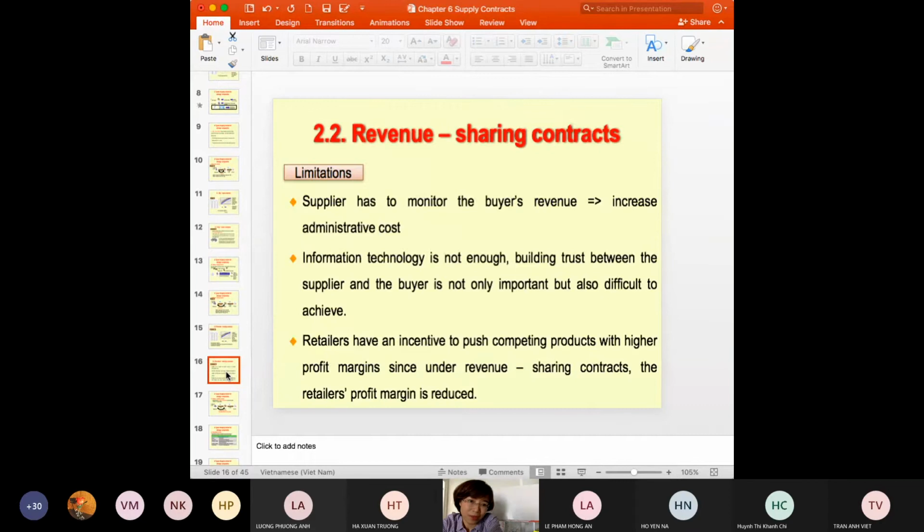That is for revenue sharing contracts. Of course, revenue sharing contracts also have limitations. The supplier has to monitor the buyer's revenue. It means the supplier must manage the buyer's revenue, how many products they sell.